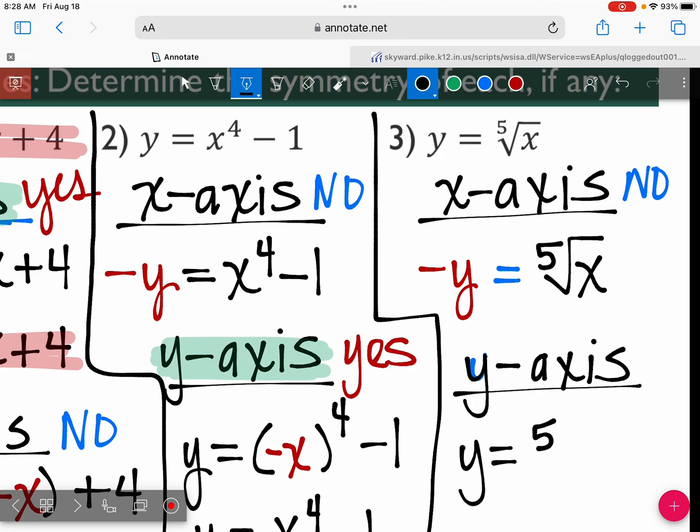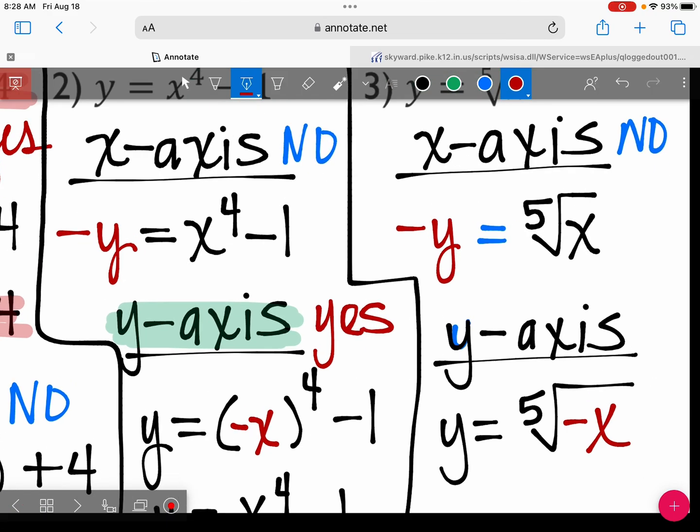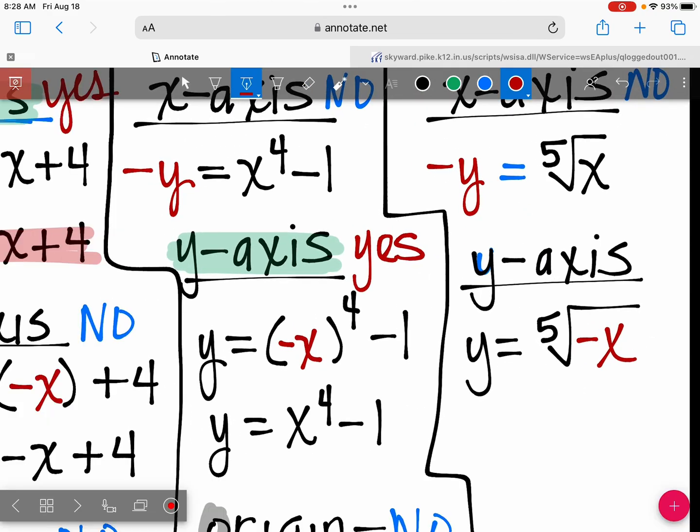So y equals the 5th root of negative x. So what you're doing is you're going to take the 5th root of negative 1. The 5th root of negative 1 is negative 1. So what this simplifies down to is y equals negative 5th root of x.